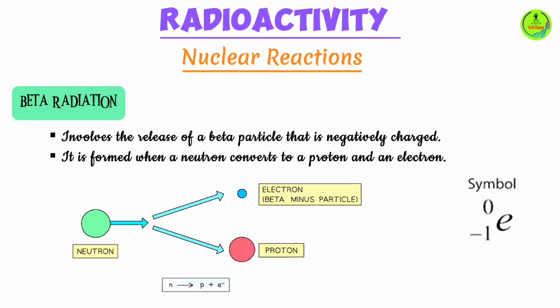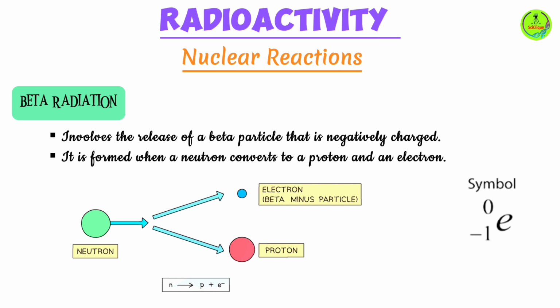So what happens is that in the nucleus, you have the neutrons and the protons. Now, when beta radiation takes place, one of the neutrons is going to undergo a change. So it changes to form a proton and an electron. Now, it's actually this electron that is emitted from the nucleus, forming the beta particle. How cool is this, by the way? So a neutron changes to a proton and an electron.